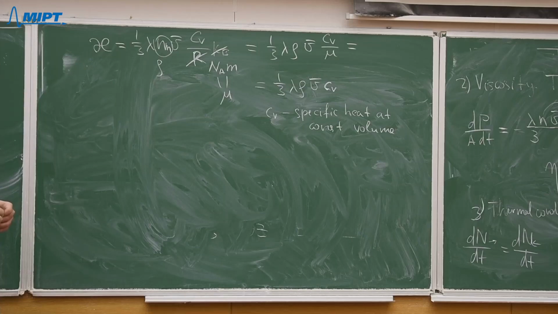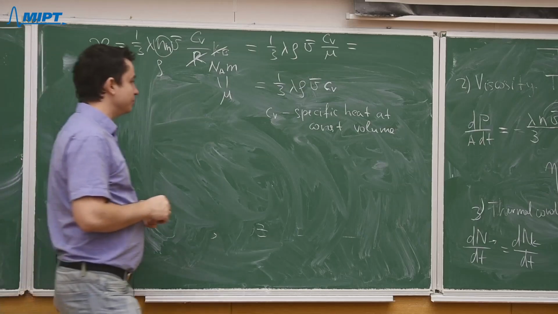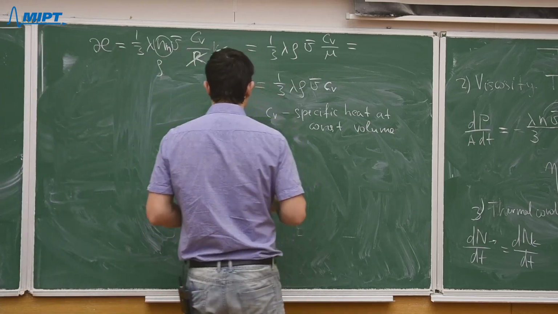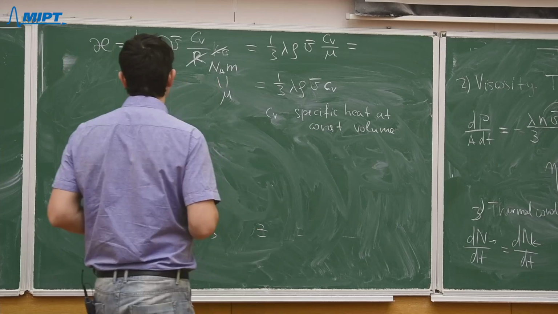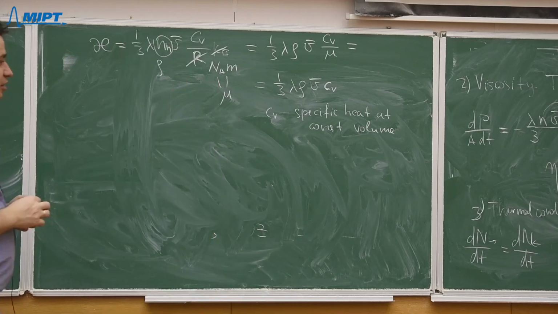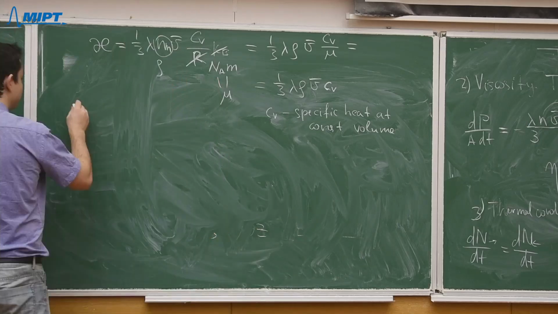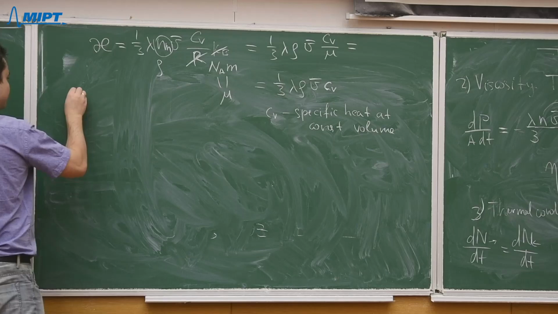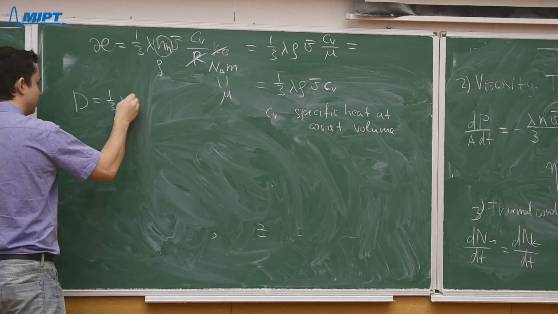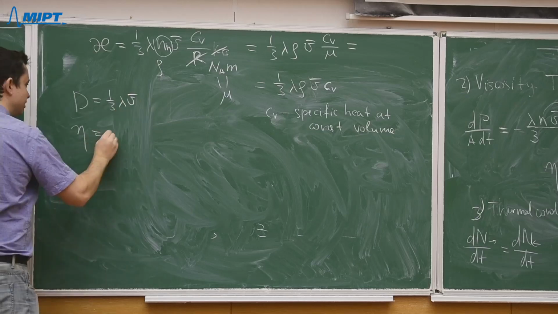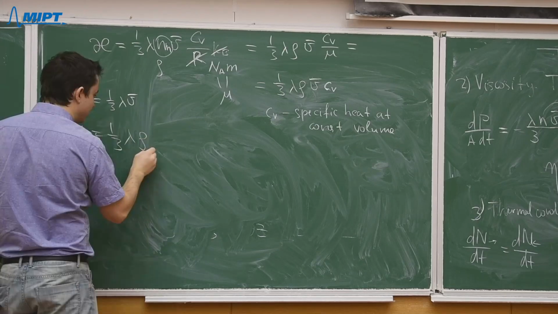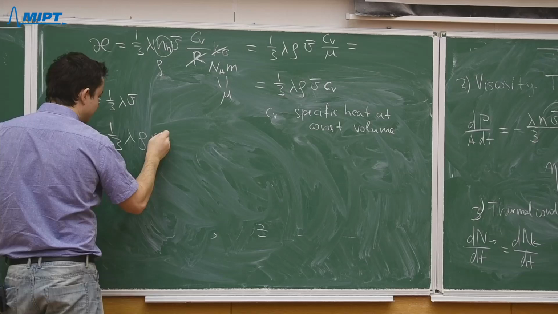And that's for kappa, thermal conductivity coefficient. And of course, these three equations for the transport coefficients should be remembered. So I'm going to write them again here. D is 1/3 times lambda times mean speed, while the viscosity is 1/3 times lambda multiplied by the density multiplied again by mean speed.